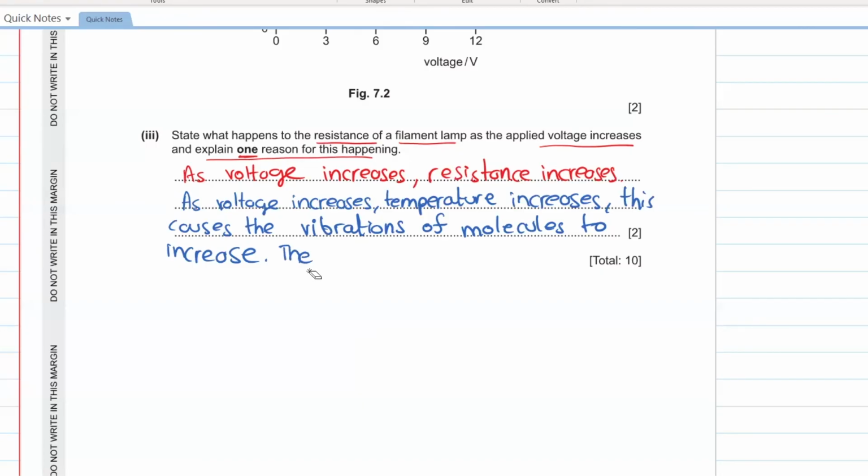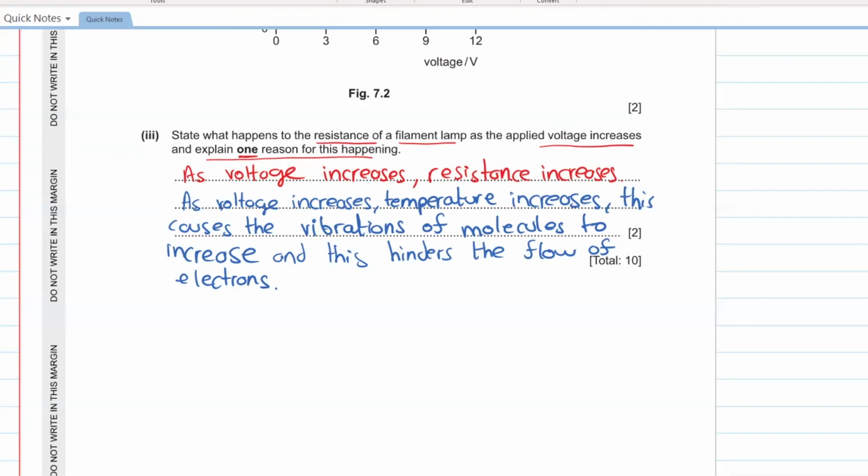As the vibrations of molecules increase, this hinders the flow of electrons. Nothing complicated here. Is question number 7 clear to all of you? Then we move ahead to the next question.